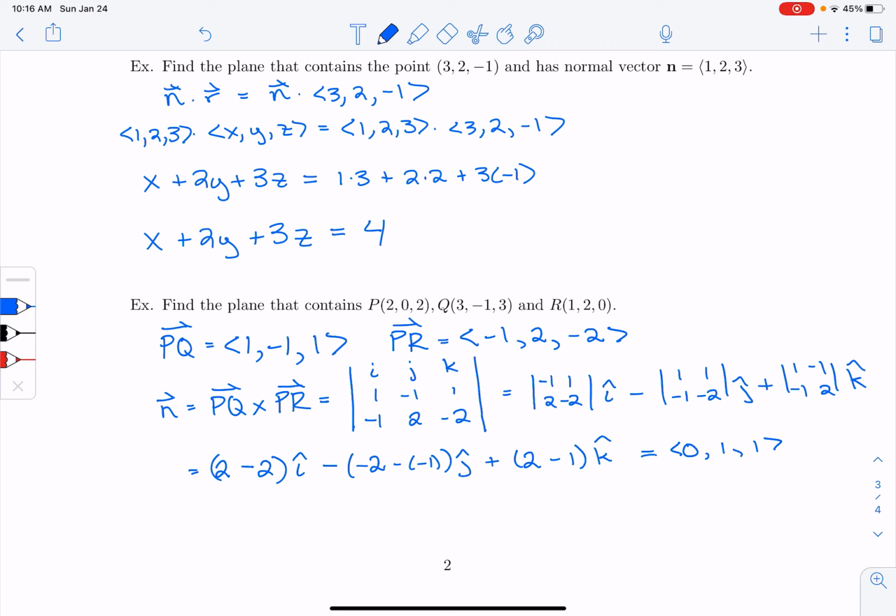Great. Well, now we want to find the equation of the plane. So we're going to do our normal vector dot r, and then we're going to set that equal to our normal vector dot one of the points. I'll pick the point 2, 0, 2.